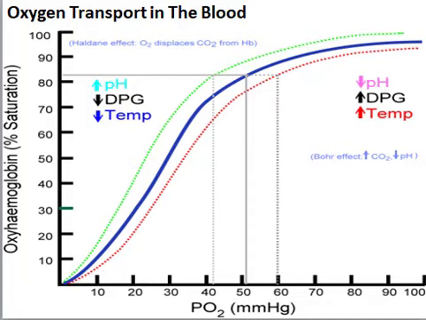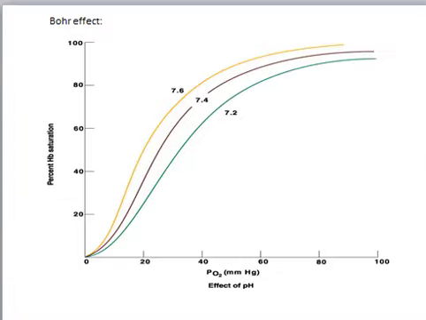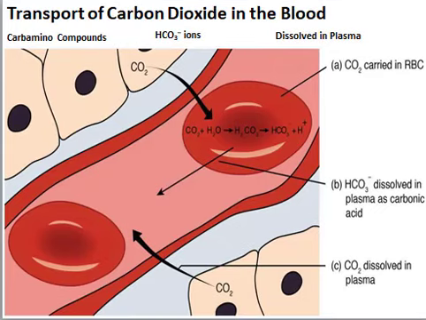Another factor is also important to discuss and understand after the Bohr effect, which is the transport of carbon dioxide. In the opposite direction to the transport of oxygen from the lung to the tissue, carbon dioxide will be transported from the tissue to the lung for expiration.